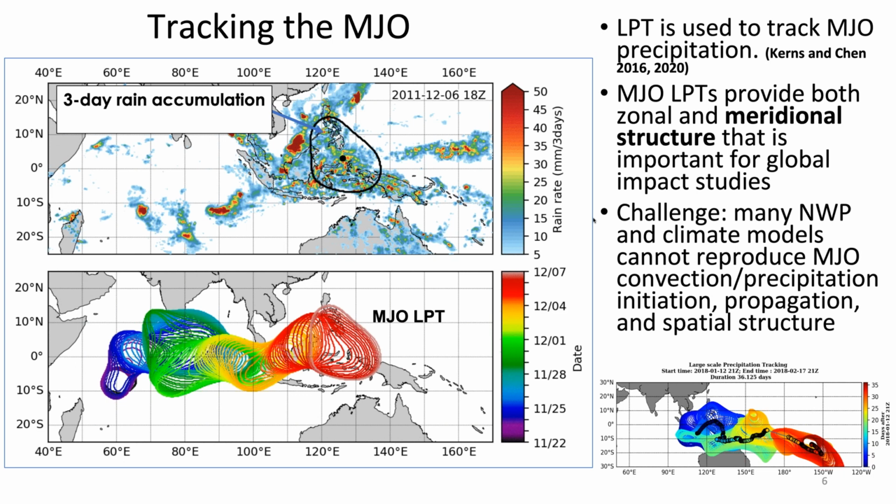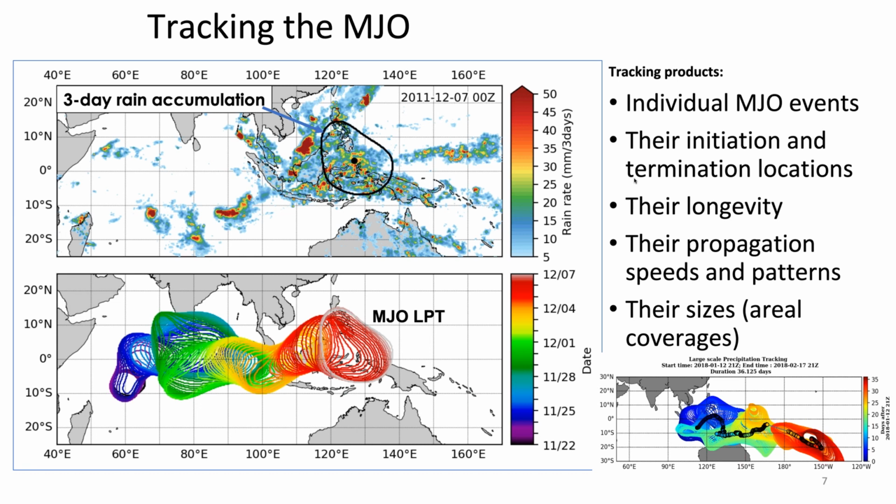So the criteria here is they overlap consecutively for at least 7 days, and that we'll call LPT, the tracked features. Then if the tracked features move consistently eastward, then we call it MGO. If it propagates eastward longer than 10 days, then we'll call it MGO. So that's the basic method for MGO tracking.